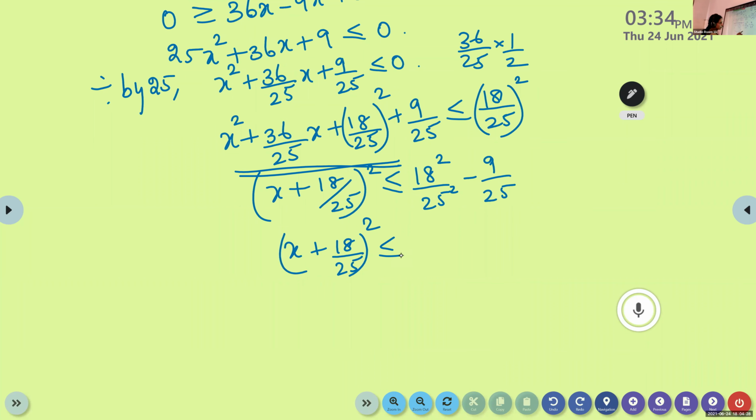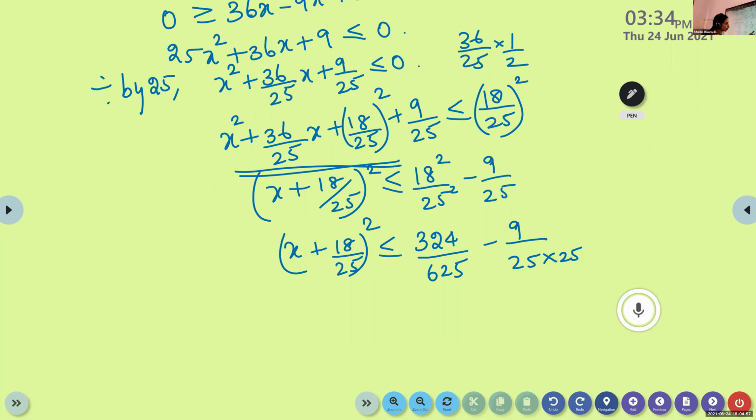What is 18 square? Is it 324 by 625 minus 9 by 25?